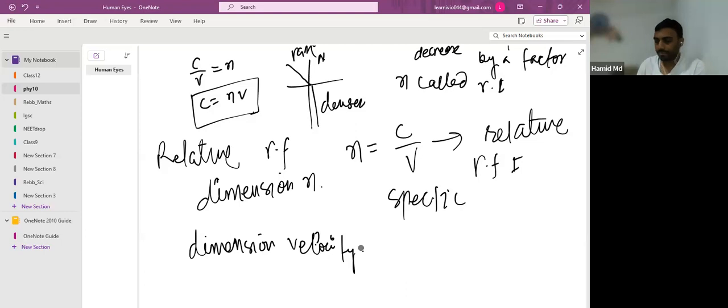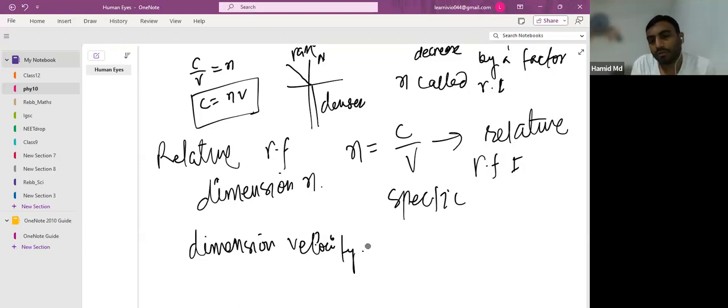Displacement divided by time is velocity.